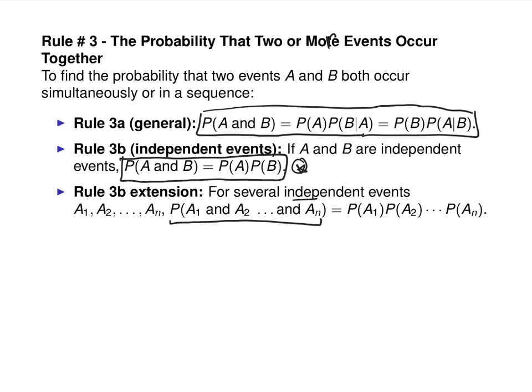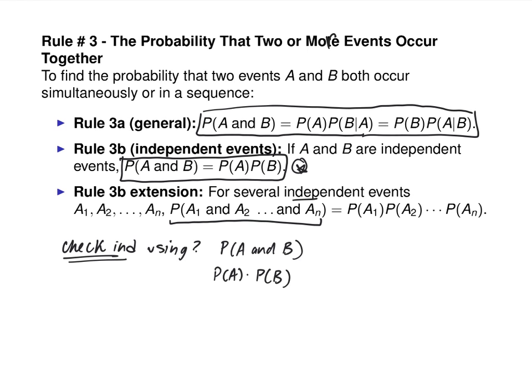And so how did you check independence last time? What was our most common method? You had to do the math. You had to find P of A and B, and then you had to find P of A times P of B, and for them to be independent, they had to be the same.